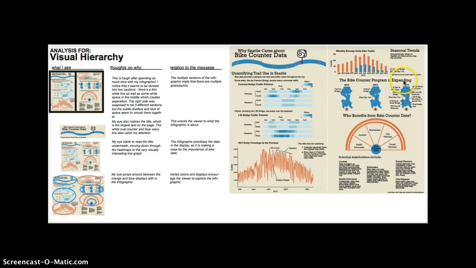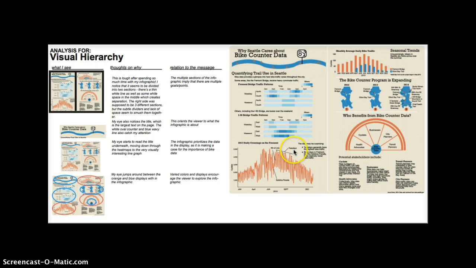I noticed I didn't use probably enough white space to make these sections more distinct from one another. However, what I lack in white space, I think I make up for in terms of the different colors within my visual hierarchy. So the title is the biggest text on the page, and there's also this very eye-catching squiggle trail display, which I think would bring your eye to the top here.